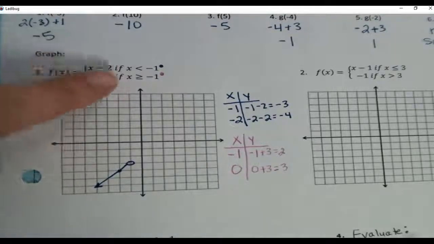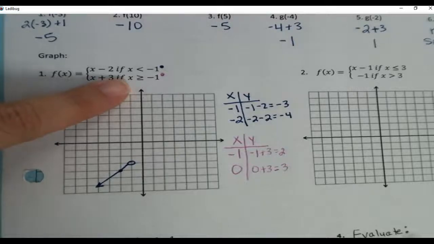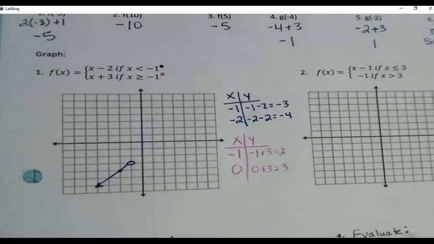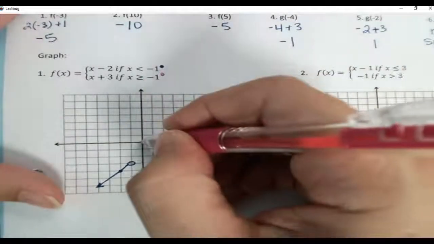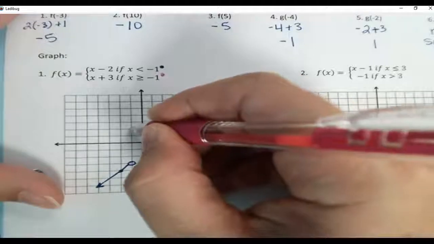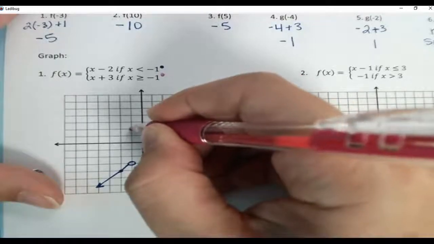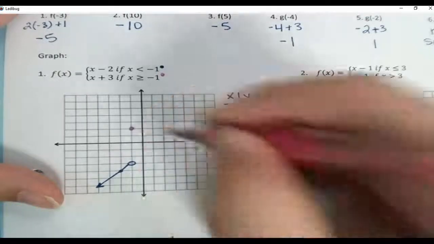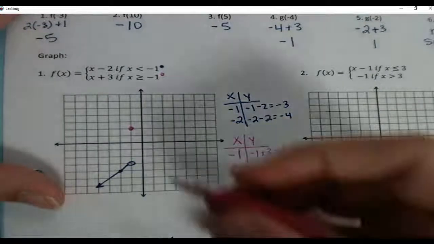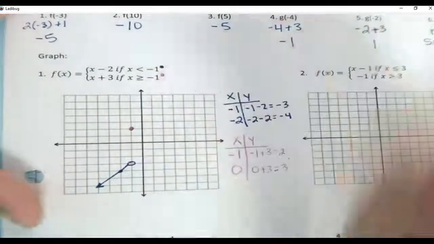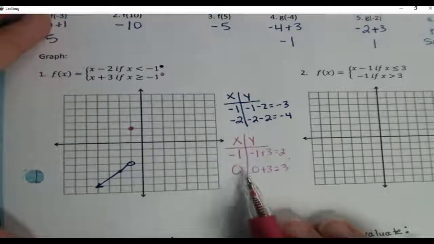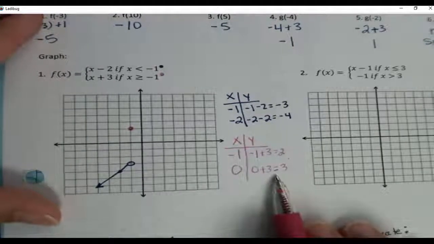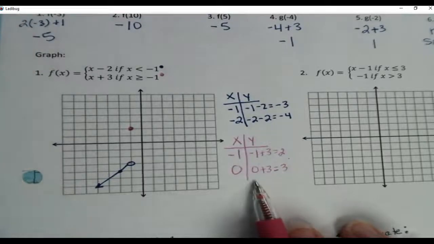Okay. So this one was greater than or equal to negative 1. So is that open or closed circle? Closed. So we have a closed circle at negative 1, 2. So negative 1, 2, closed circle. And then again, our next point just tells us which way our graph is going. So we're not stopping at 0, 3.